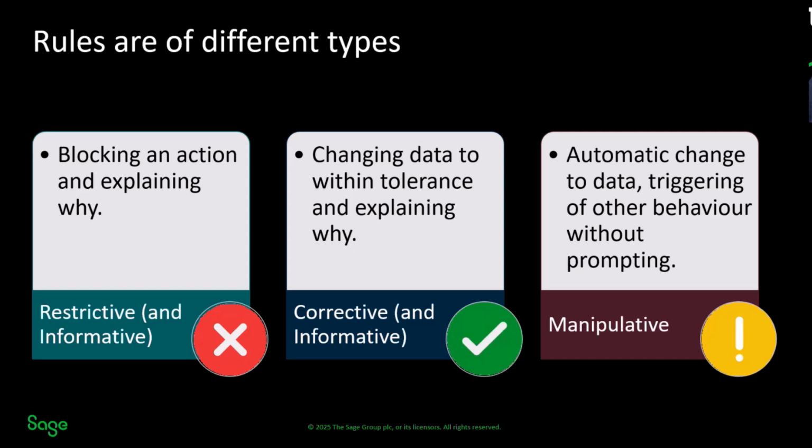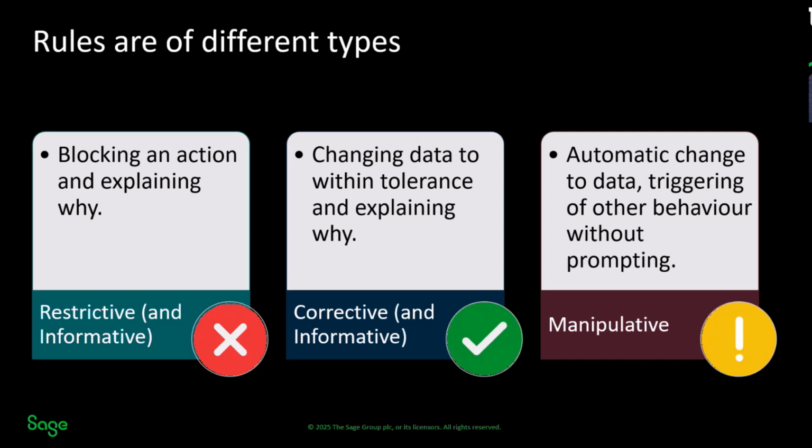So if you see an error message that tells you you need to do such and such, then that's a restrictive rule. But equally, if you can't see a field that you're not allowed to see, that's a restrictive rule. If you can't change some data, or you can only choose between two allowed values, then that's another type of restrictive behavior.